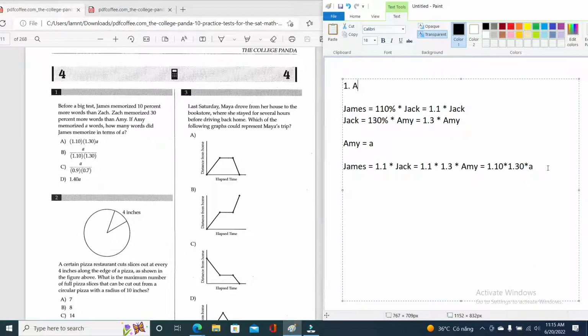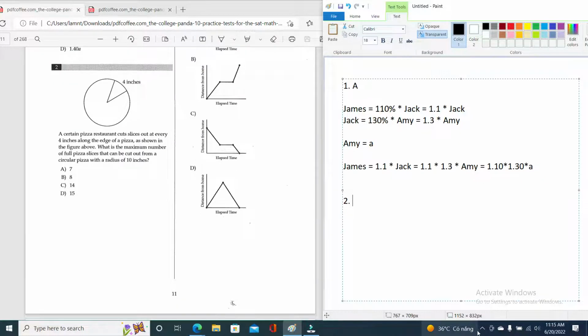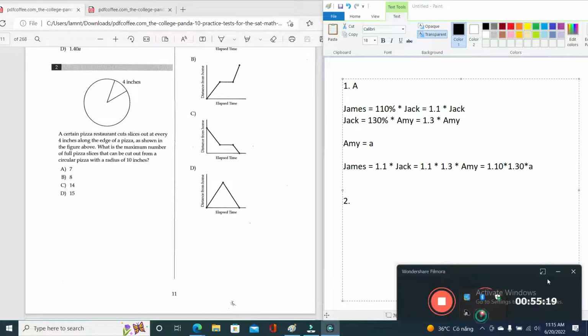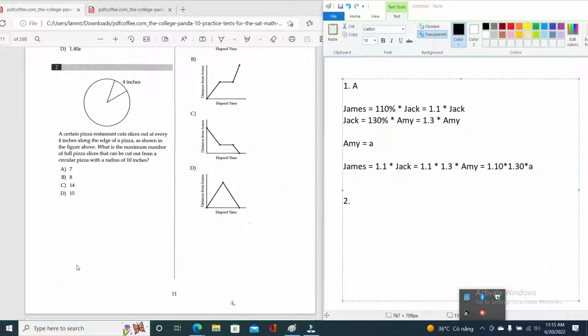Alright, number 2. Let's try number 2. A certain pizza restaurant cuts slices out, each 4 inches long along the edge of the pizza shown above. What's the maximum number of full pizza slices that we can cut out from a circular pizza with a radius of 10 inches?